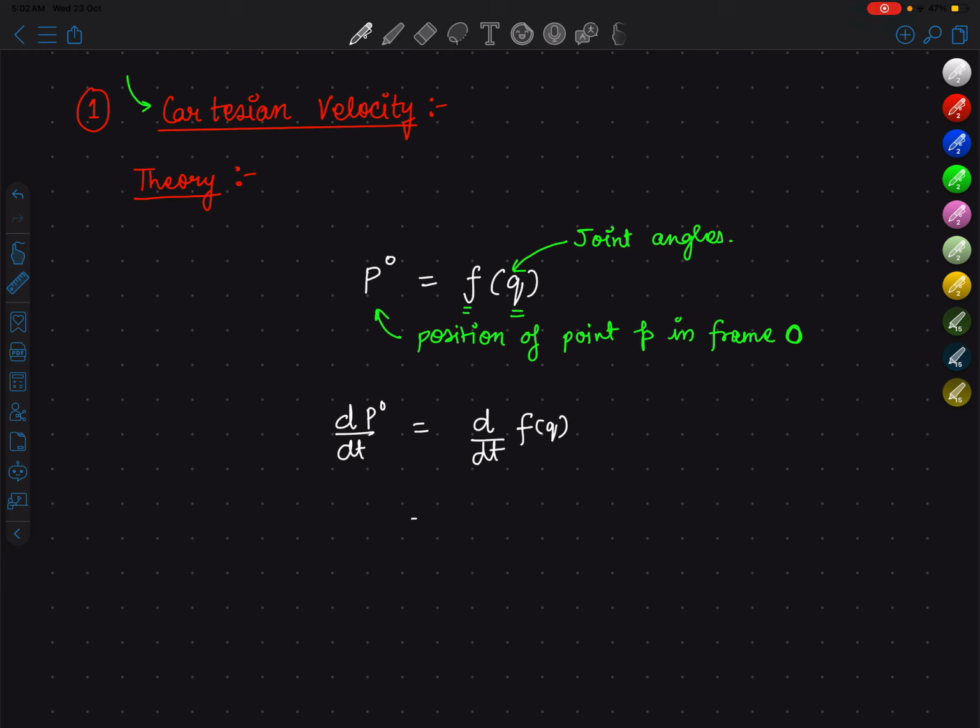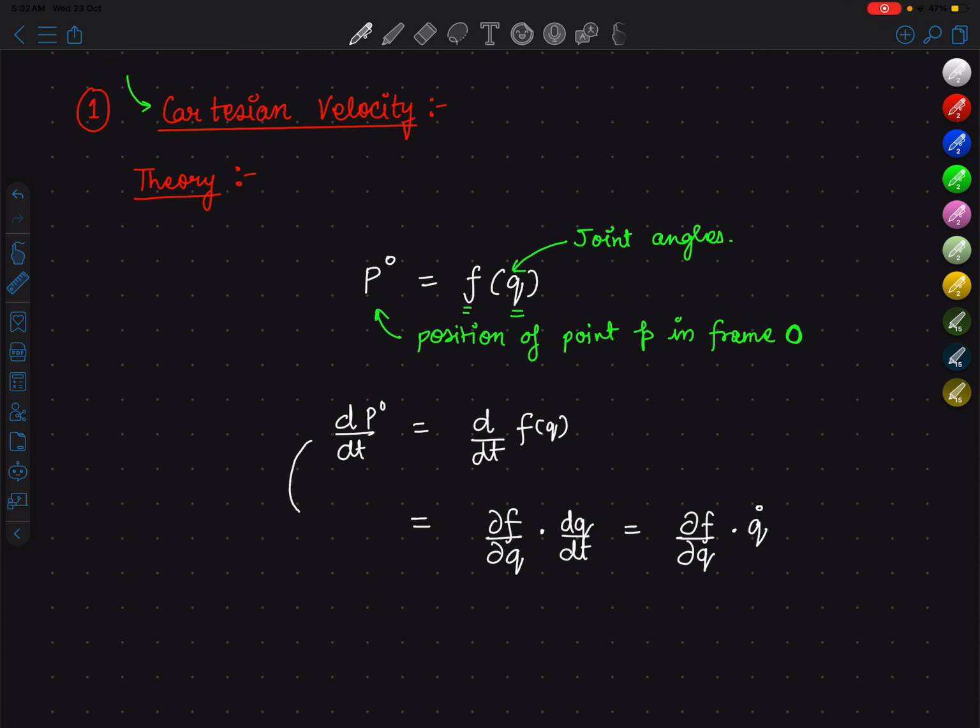You can use the chain rule and write it as del f by del q into dq by dt. So dq by dt can be written as q dot, giving del f by del q times q dot.